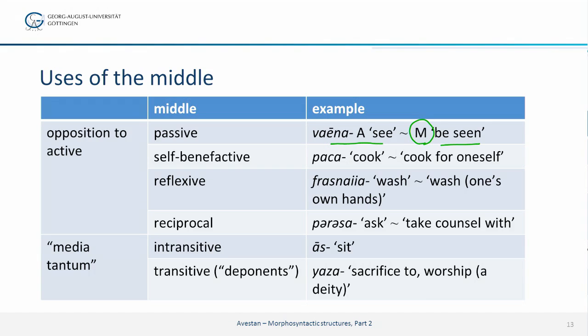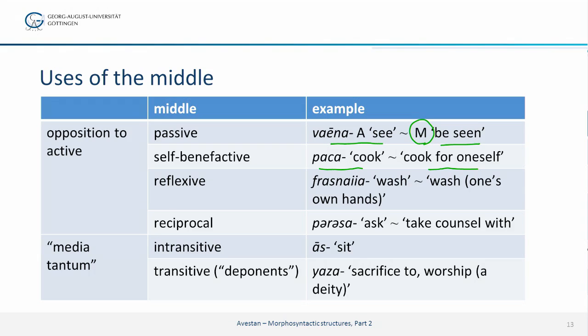We also get middles with a self-benefactive function. For example, pacā means to cook when used in the active, but to cook for oneself when used in the middle. Other verbs show reflexive meaning when inflected with middle endings.